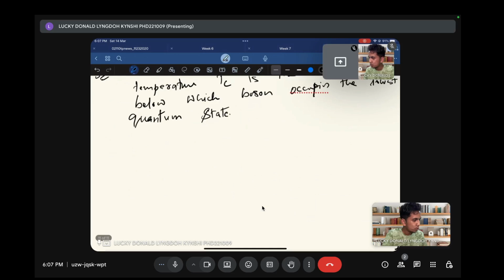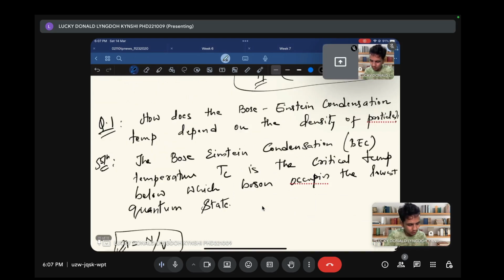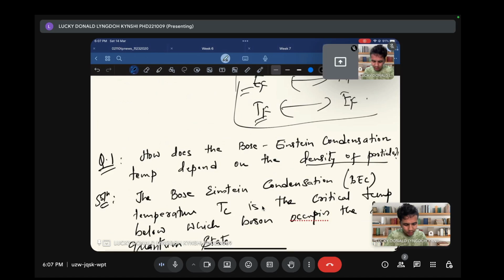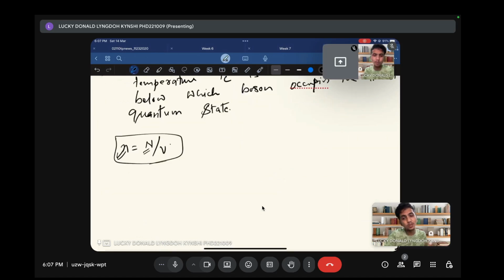Again, we can represent n as simply N divided by V. We will use the same notation here as for your bosons: the density of particles, which means the total number of particles per unit volume.